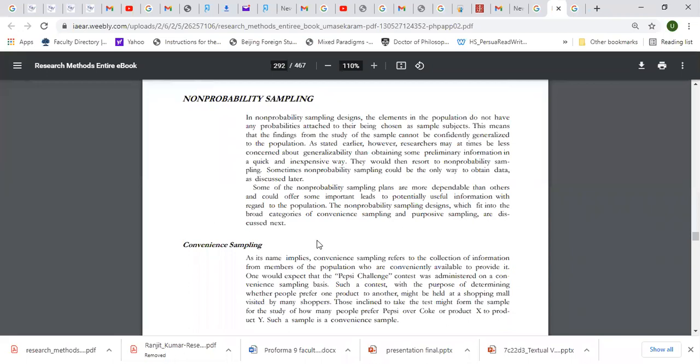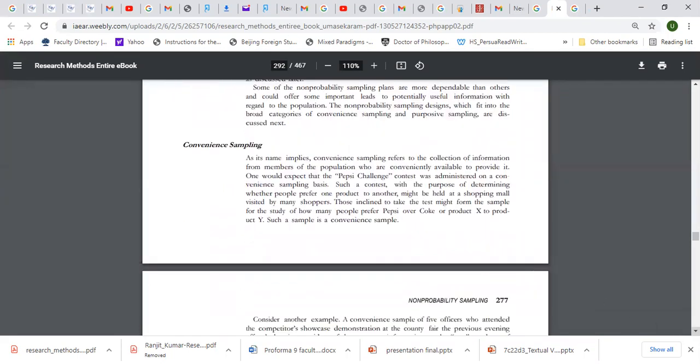As the name suggests, in convenience sampling, all the elements from the population which are selected for the study are conveniently available to the researcher, and that is why they have chosen them for the study.